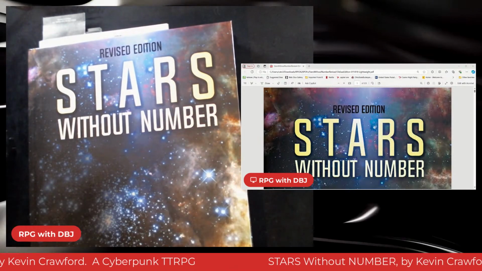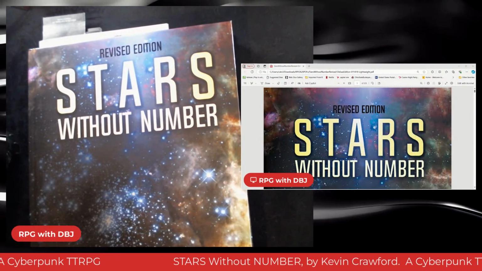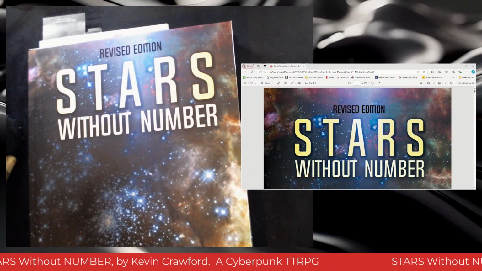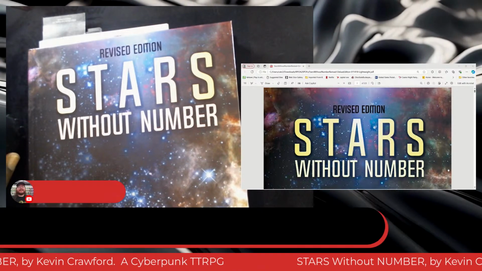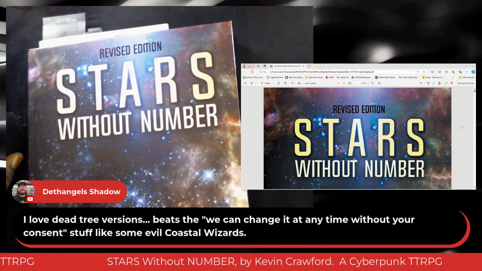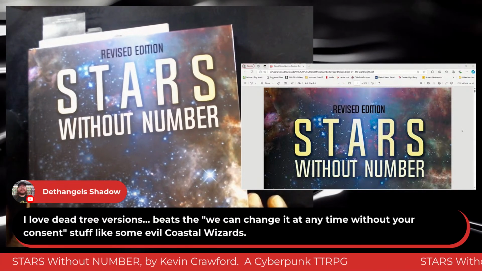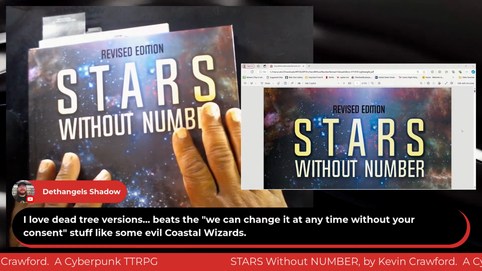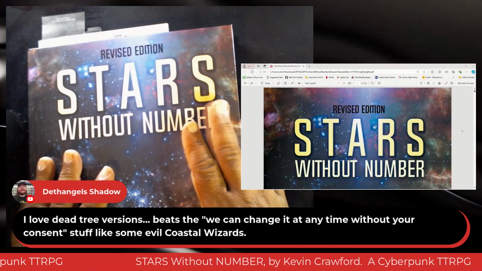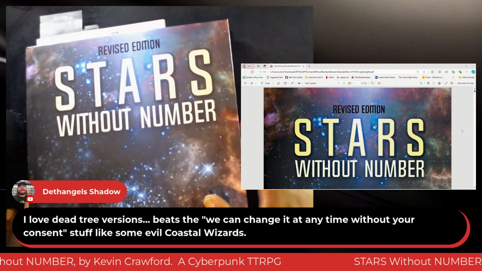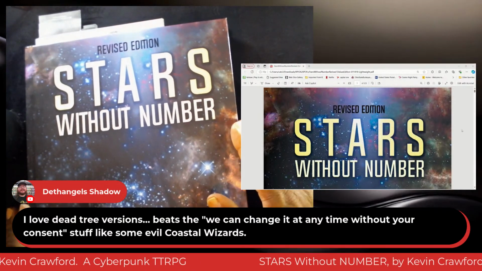Shadow says, I love the dead tree versions. Beats the we can change it at any time without your consent stuff, like some evil coastal wizards. Unfortunately, when you have digital versions, and yes, PDFs can be updated, but once you print a book, you're pretty set. They can't come and take it from you, right? Well, they could hire the Pinkertons to come do it, I suppose.